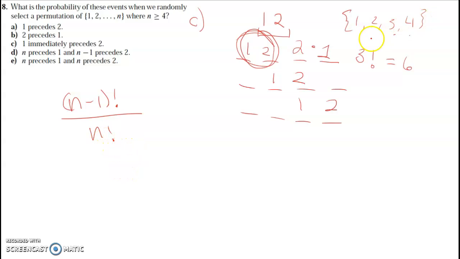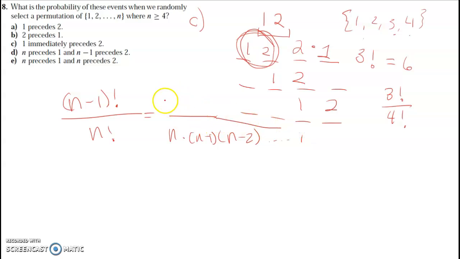Just like in this, when our n was 4, the probability of 1 and 2 arranged together was 3 factorial divided by 4 factorial. So this is n times n minus 1 times n minus 2, and it goes all the way down to 1.